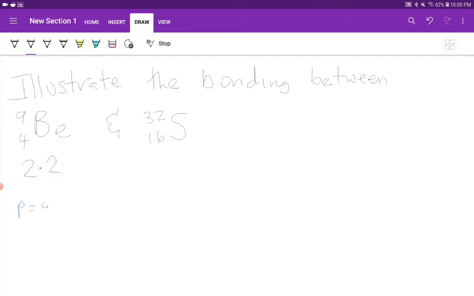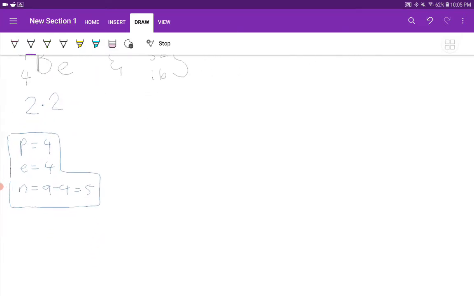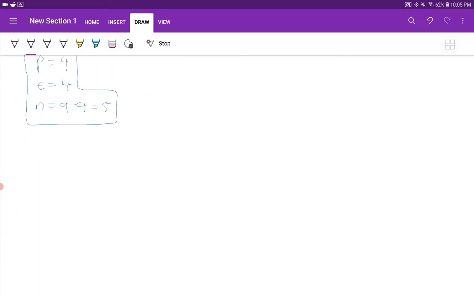Beryllium has 4 protons, 4 electrons, and the number of neutrons is 9 minus 4, so that's 5 neutrons. Remember, the reason we do this is so that we can figure out what the charge on the ion is going to be. Okay, so let's draw our beryllium atom.